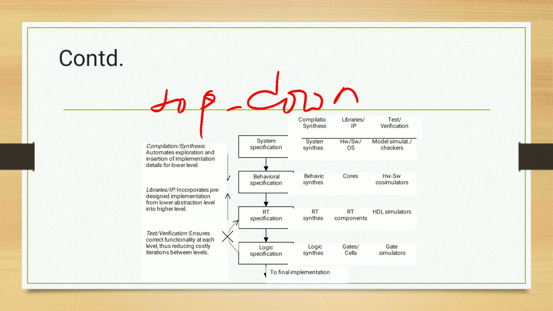The designer at the system level explains the desired functionality in a particular language, a natural medium like English, or in a preferred language like C, and this is labeled as specification.